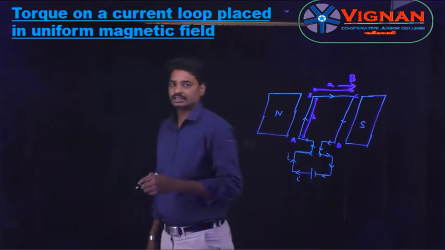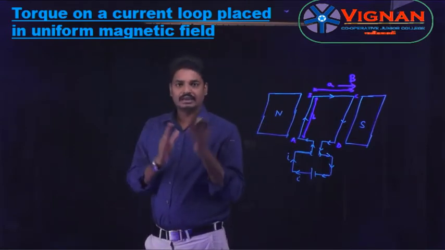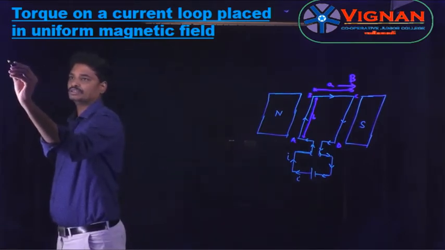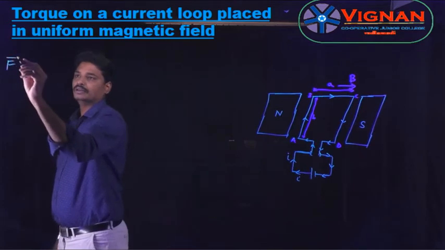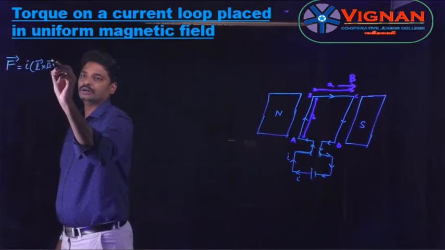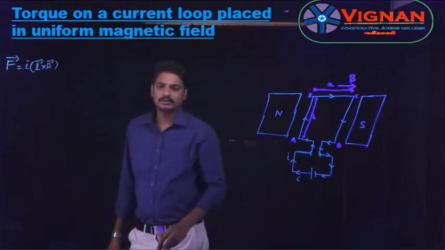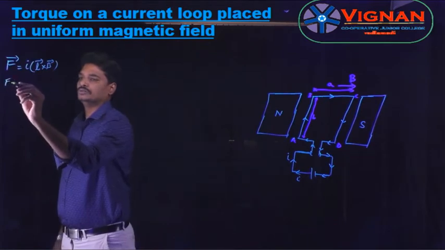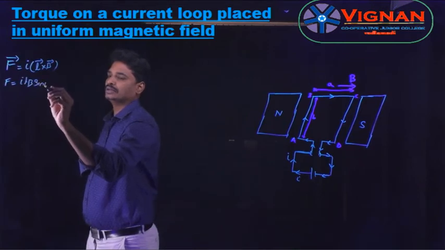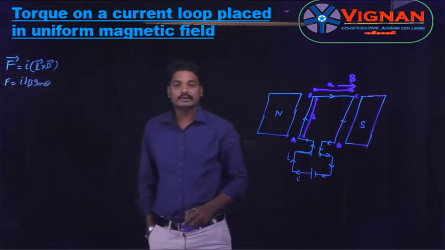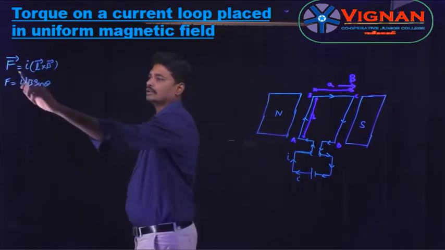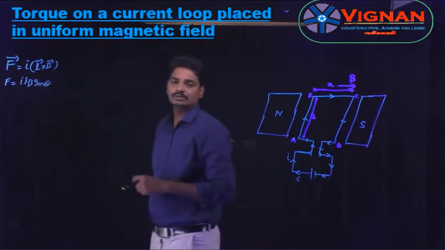Because in our previous sections, when a conductor is placed in a uniform magnetic field, the force acting on the wire is F bar equals I into L bar cross B bar, or F is equal to I L B sin theta, where theta is the angle between the length vector and the magnetic field vector.